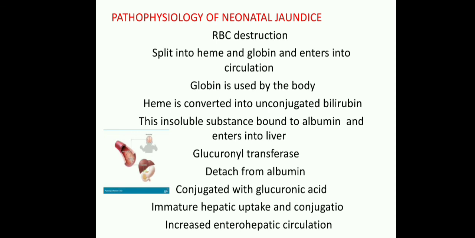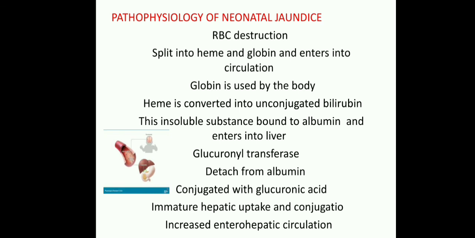Some injuries or cephalohematoma cause RBC breakdown. Normally the red blood cell lifespan is 120 days, but here RBC breakdown occurs, so automatically the bilirubin level increases. The RBCs split into heme and globin and enter the circulation. Heme is converted to bilirubin. Globin is the protein part. Both are split and enter into the circulation.